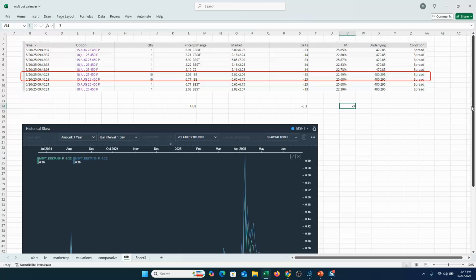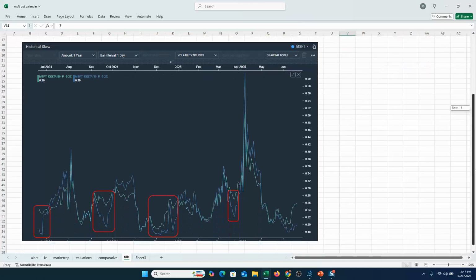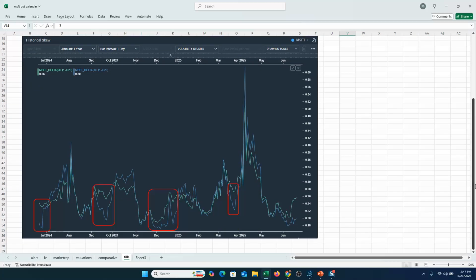And you think normally, hey, why would you want to do that? Here's why. If you take a look at the comparatives on an IV basis, going back the past year, using basically the puts we bought, which are about 5% out of the money, Microsoft around 480, this is the 450 level. So the longer term 60-day ones, those August puts, are in green here.